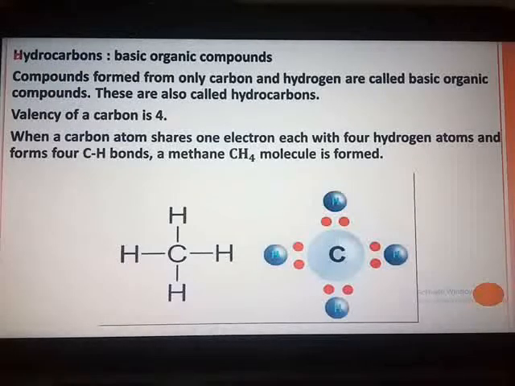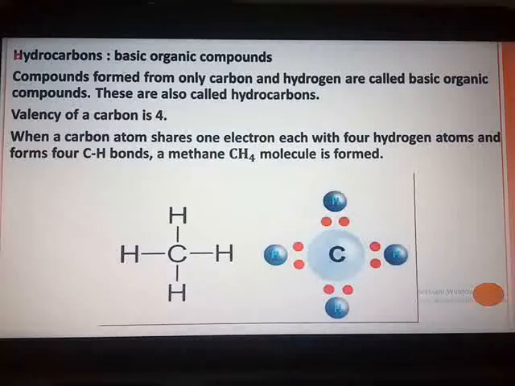You all have seen in the beginning that the atomic number of carbon is 6. Electronic configuration is 2, 4. We have seen in the very beginning of the chapter. So the valency is 4 because 4 electrons are there in the outermost shell.